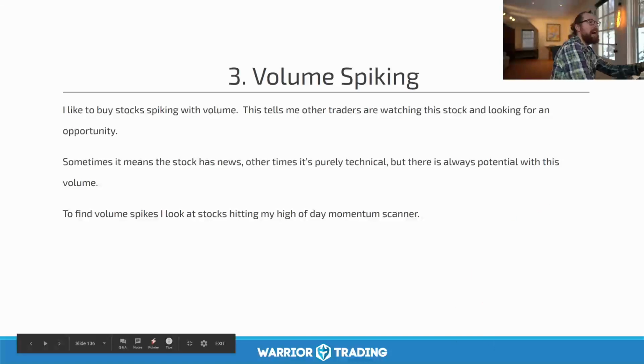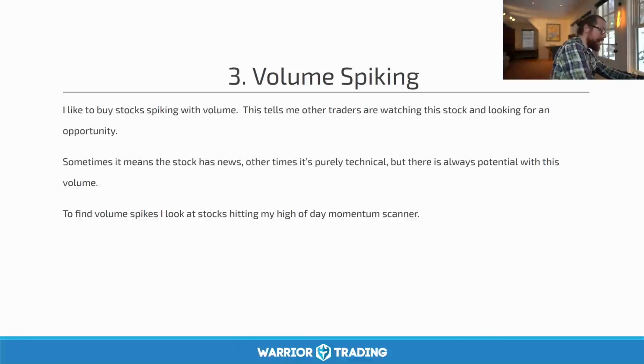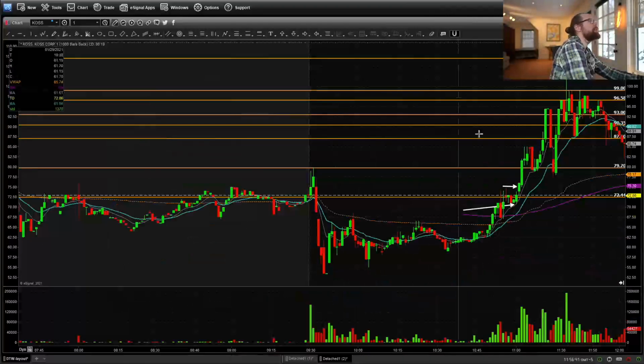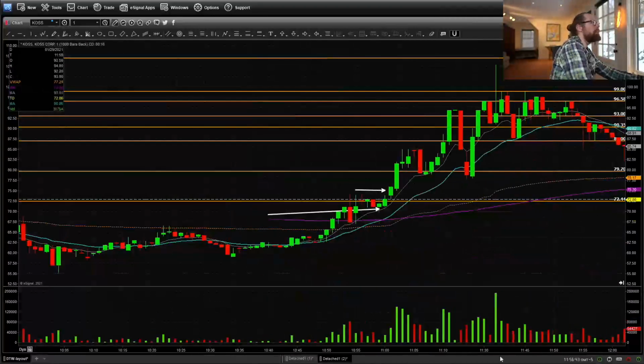So when I'm jumping on something that's squeezing up, it's usually because in the moment I'm looking at it, I'm seeing it spiking. So I usually like to buy something that's spiking and as it squeezes up. So just as an example, this kind of squeeze here on COST, all of a sudden it breaks the volume weighted average price of 67 and starts really squeezing up and moving quickly.